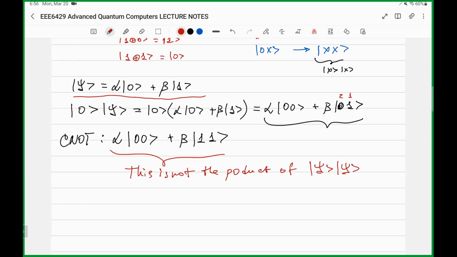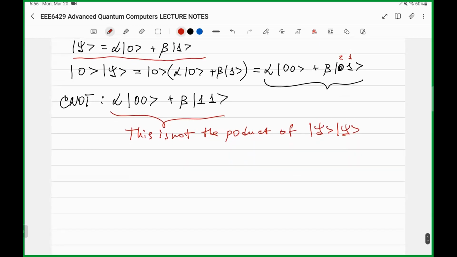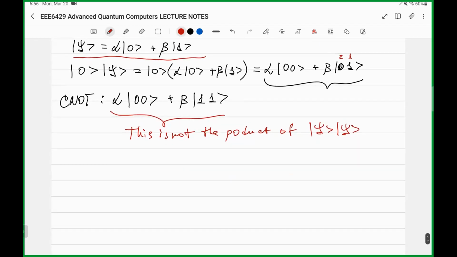So this is not the product of 2 psis, and actually this state reminds me of a Bell state. If alpha and beta were 1 over square root of 2, it would be perfectly the first Bell state, this perfectly entangled Bell state. But this is not the case here.